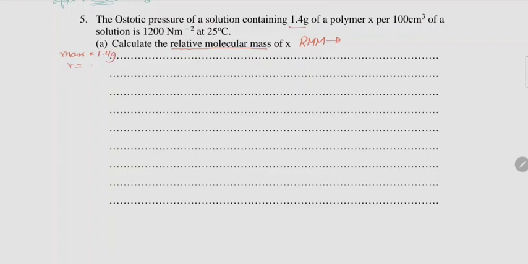Volume is 100 centimeters cubed. Pressure is 1200, and the temperature is 25 degrees Celsius. Straight away, they expect you to know this formula: PV equals nRT. It actually carries a mark, half or full, depending. And they want you to find the molecular mass.